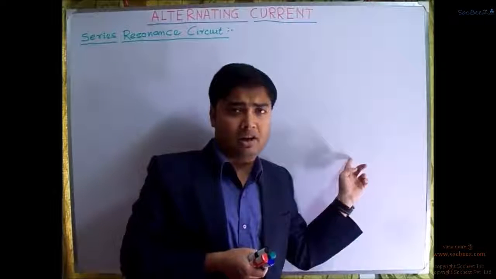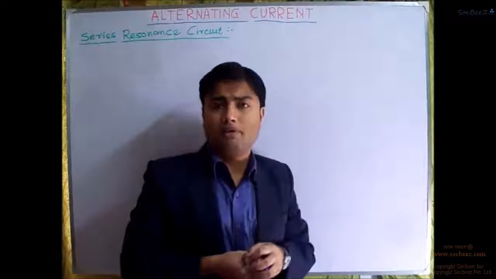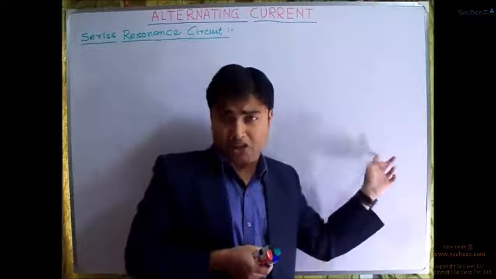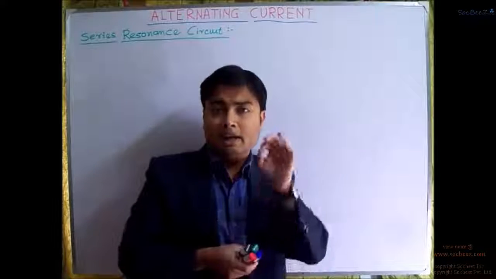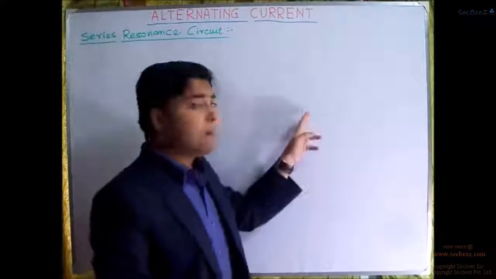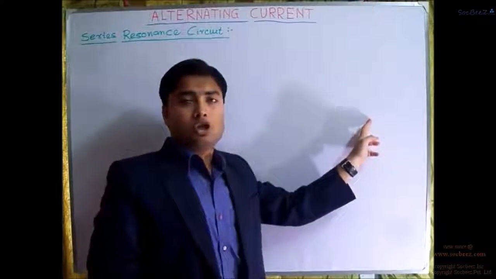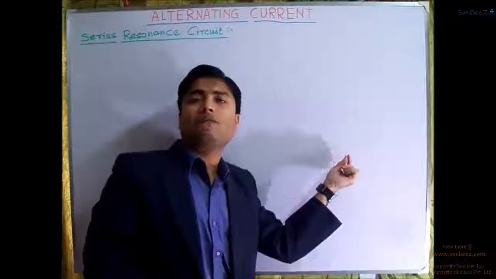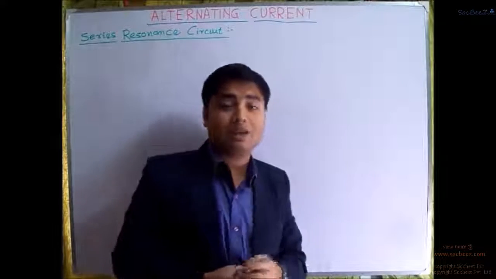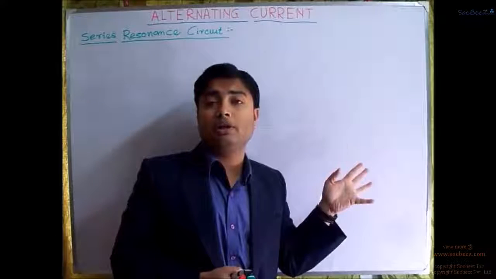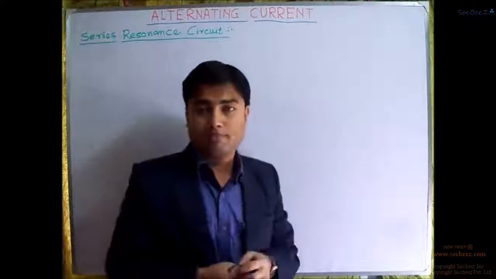At 50 Hz the current becomes 100 ampere. And again at 60 Hz the current becomes 20 ampere. So at the selected frequency of 50 Hz, the system has oscillated with the greatest amplitude.